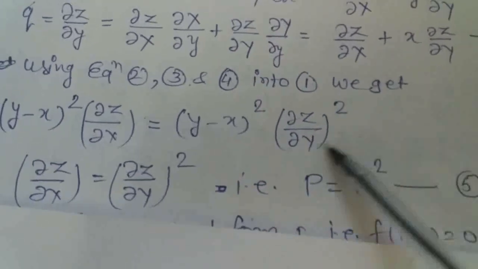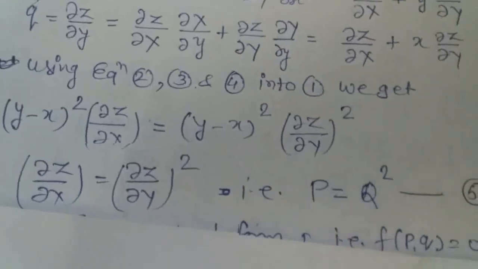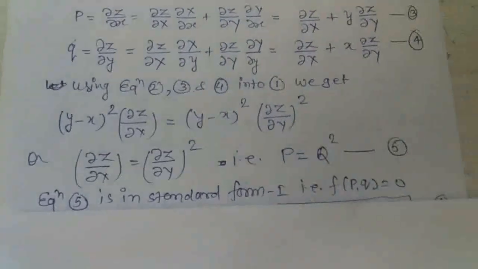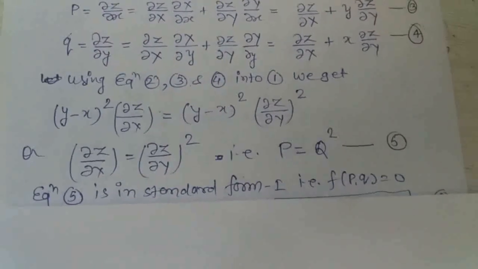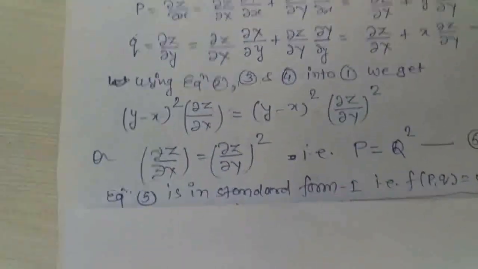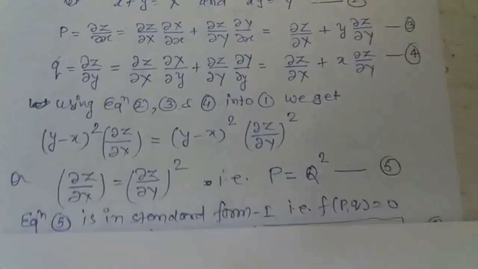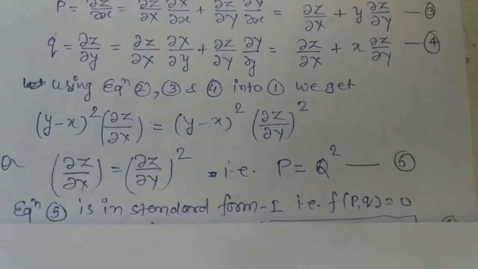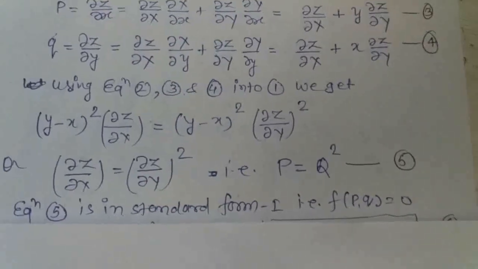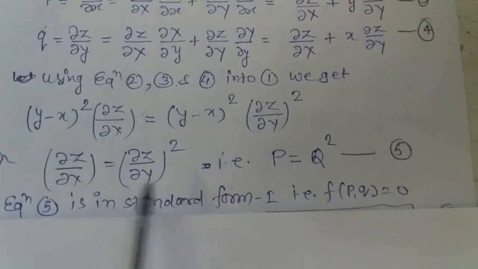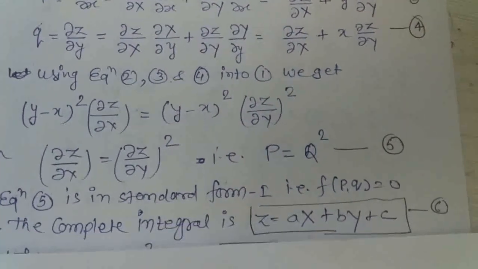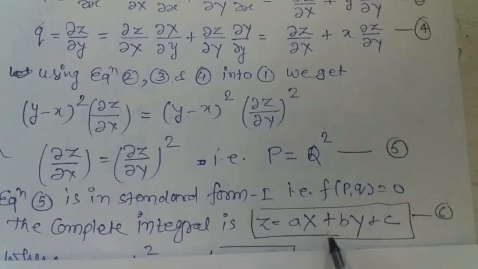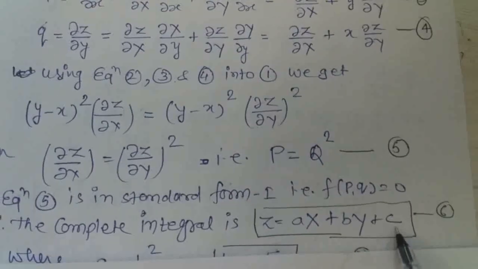This equation contains only P and Q, and therefore this is standard form first. So the complete integral of this equation is z equal to ax plus by plus c, where x and y are capital. So the complete integral is z equal to a capital X plus b capital Y plus c.